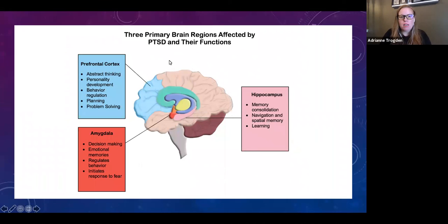So trauma impacts all of these areas. And so when somebody is exposed to trauma, they can really have big impacts on this brain function. And then if we add the next layer of addiction onto it, or substance use, that's kind of a recipe for lots of struggles.